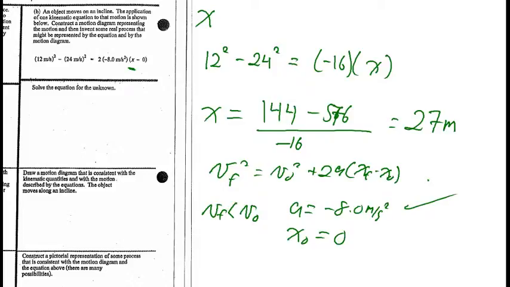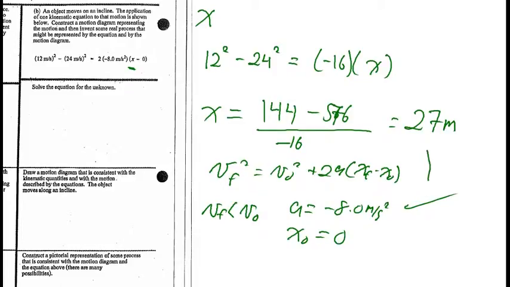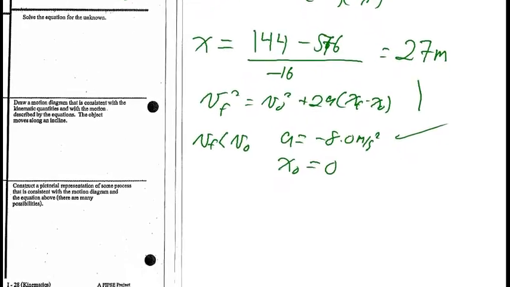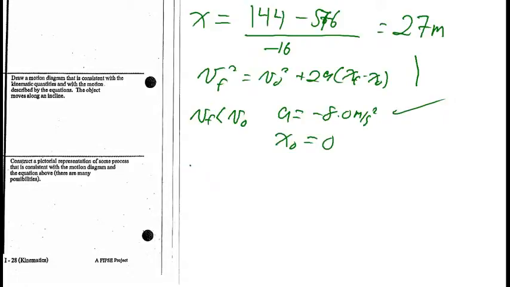Alright, so it looks like what we've got here is an object that is on this ramp and it's slowing down, and that seems to indicate to me that it's traveling up the ramp because it needs to be slowing down.